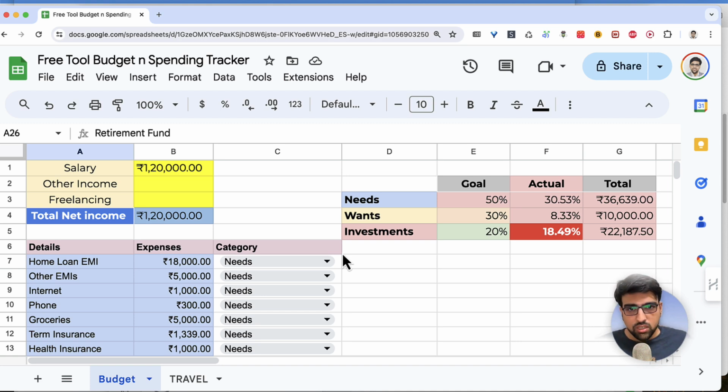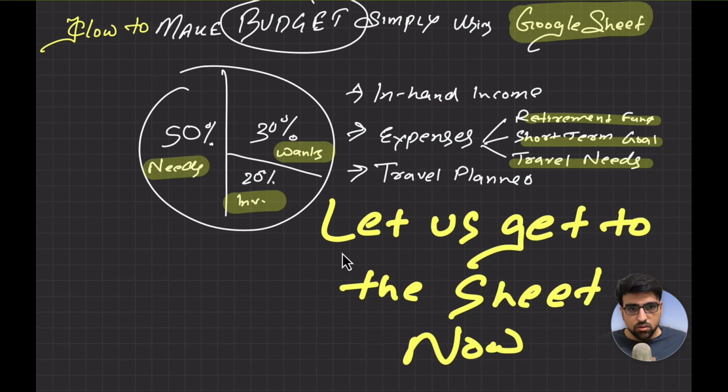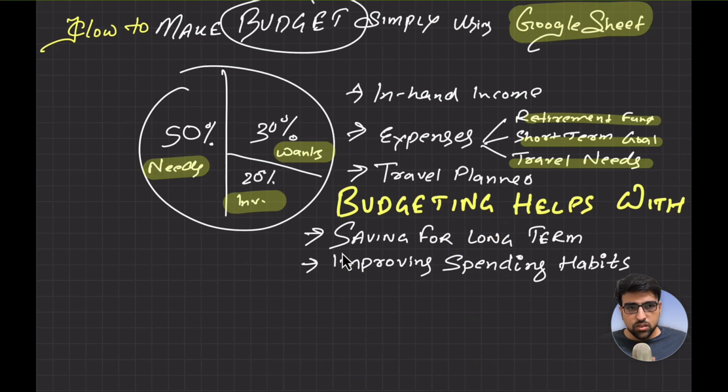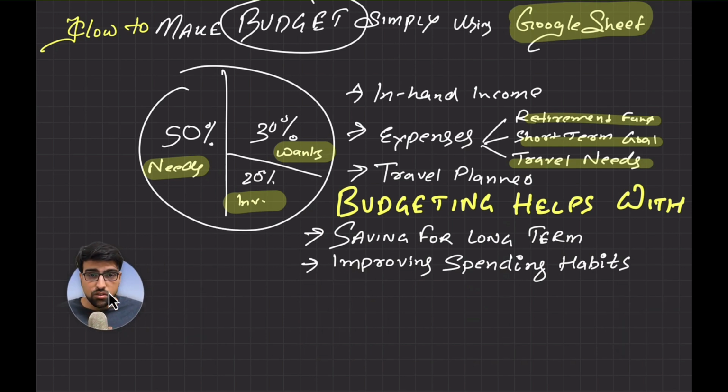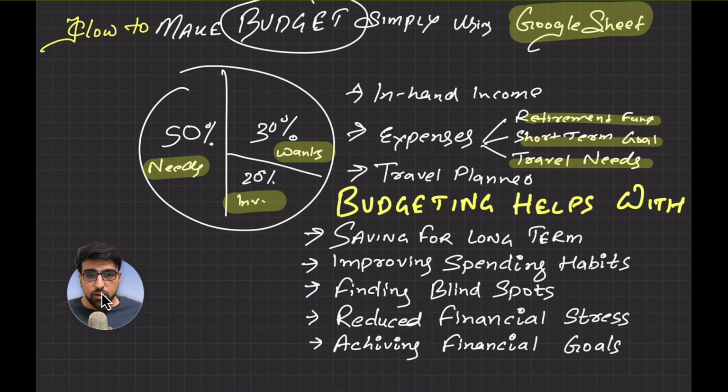So essentially that was pretty much it on how you would create your budget. What budgeting essentially helps us with is saving for the long term, improving our spending habits, and finding blind spots in our financial goals. If there are some places where my money is going and I'm not able to figure it out, I'll be able to map it well, reduce my financial stress, and achieve my financial goals.